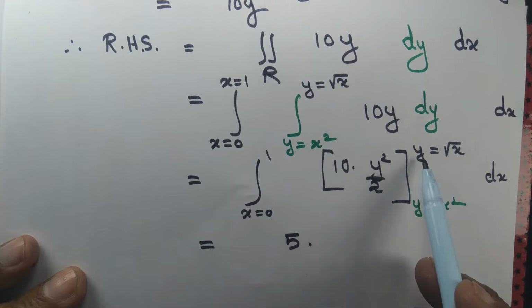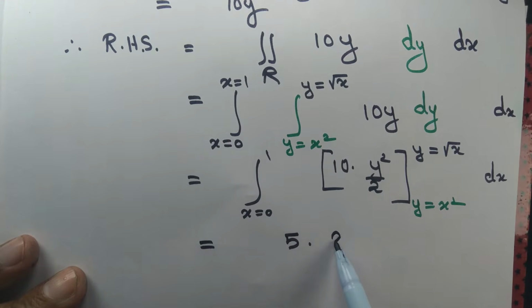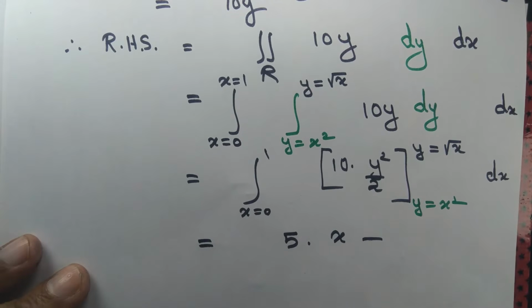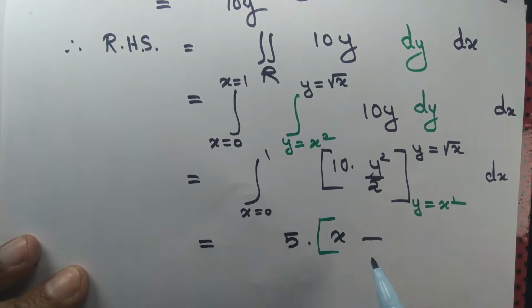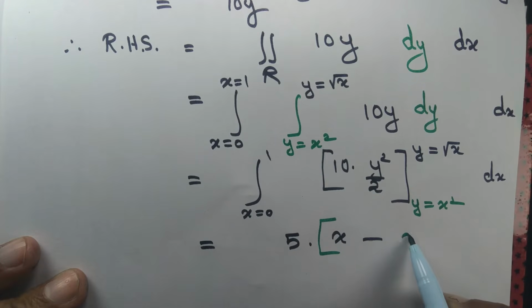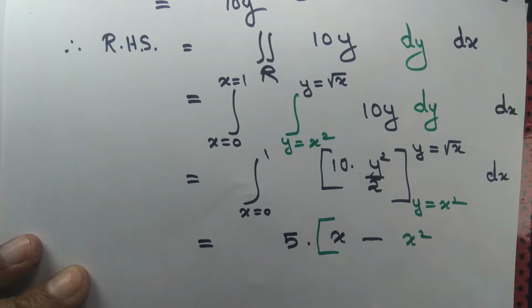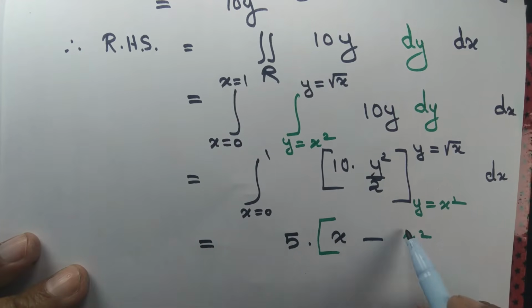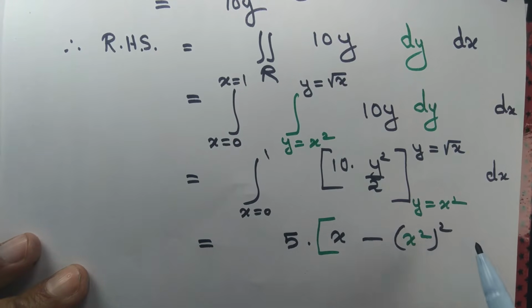When you write y equal to root x, y square will be x. When I write y equal to x square, y square will be, we are writing y equal to x square and holding this whole square as it is.